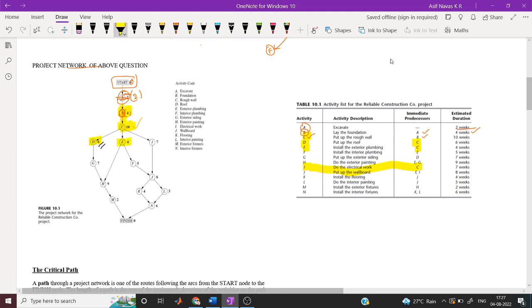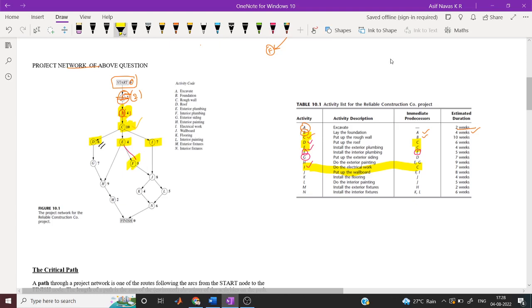E and I also have immediate predecessor C.